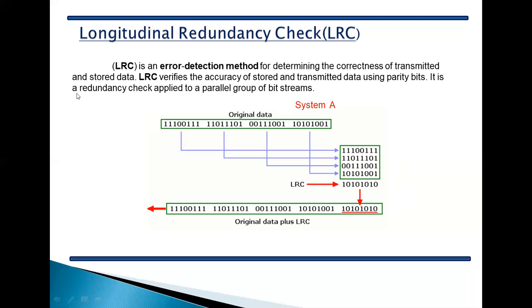It is a redundancy check applied to a parallel group of bit streams. Okay, this is the original data, system A sends the original data. Performance can be improved by using a two-dimensional parity check, which organizes the data in the form of a table.